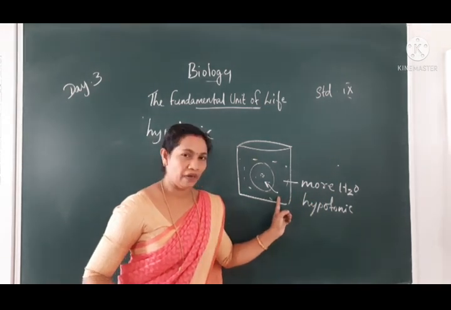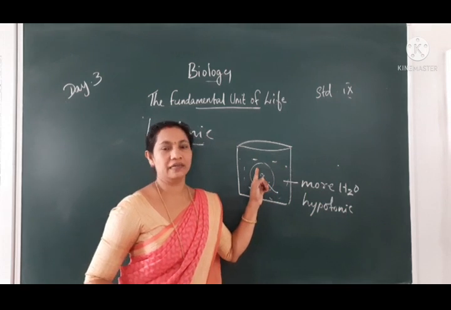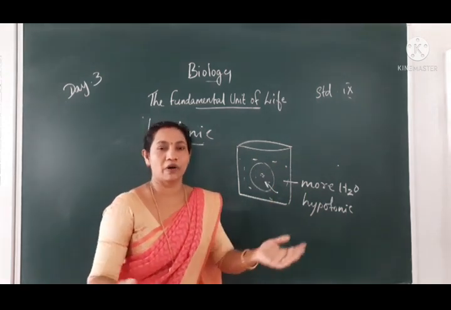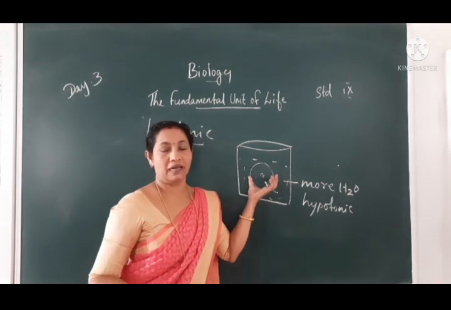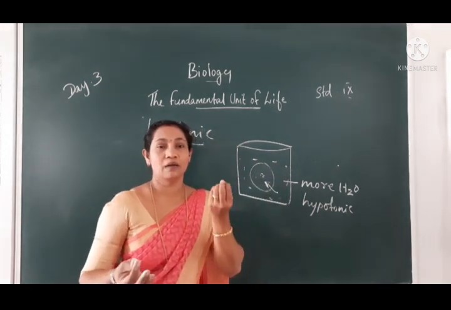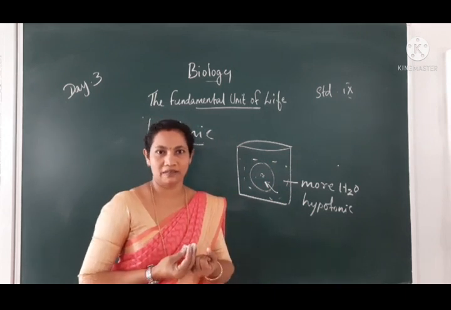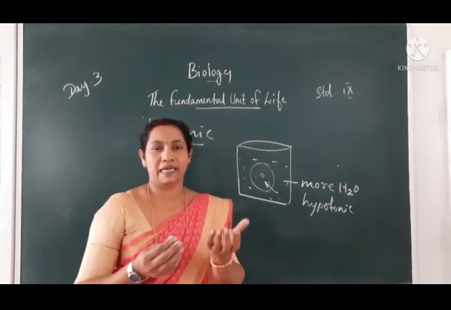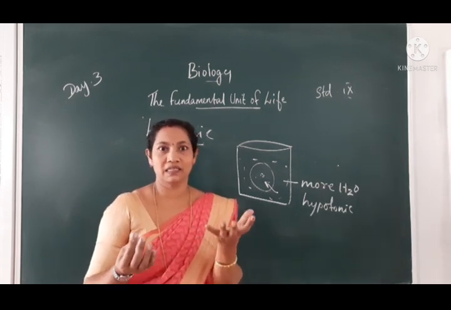Water moves from high concentrated area to low concentrated area. So a larger amount of water molecules move into the cell, and as a result, the cell bulges out. Isn't it?